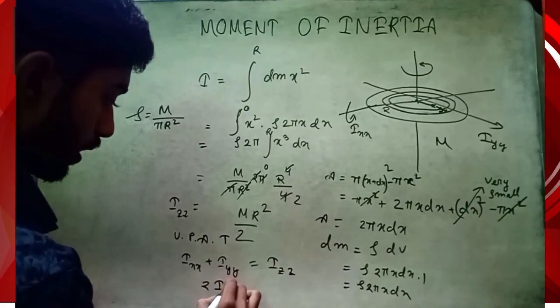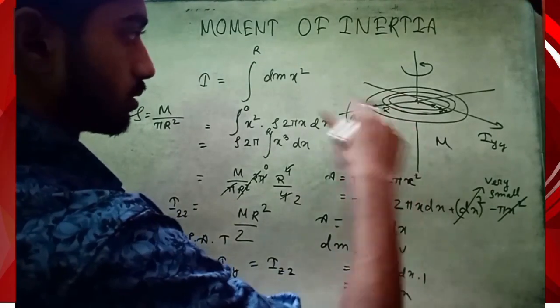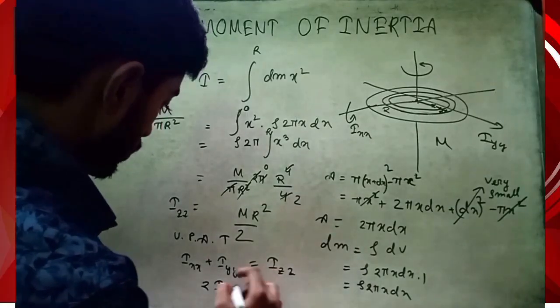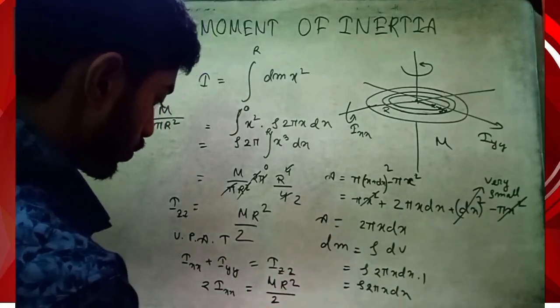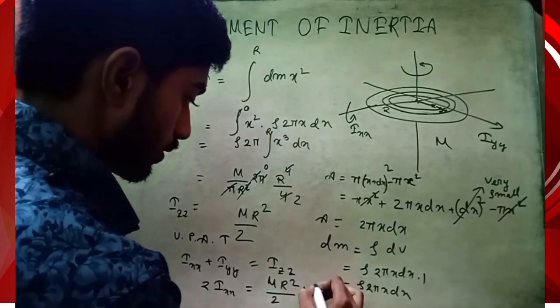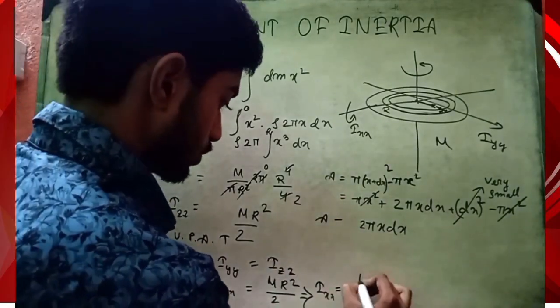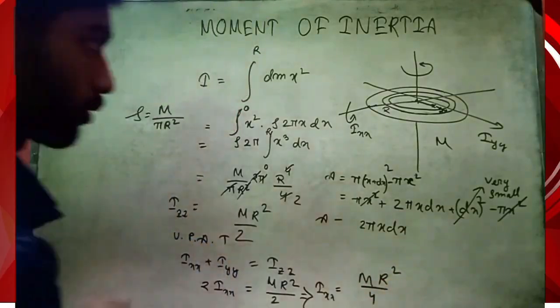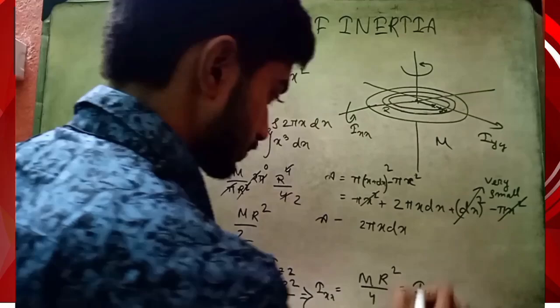So 2 Ixx, because the Ixx and Iyy components are the same as the disk is symmetric, and we know the value of Izz is M R square by 2. So the final answer Ixx equals M R square by 4. Okay, so this is also the value of Iyy.